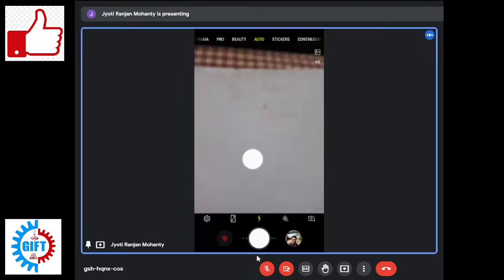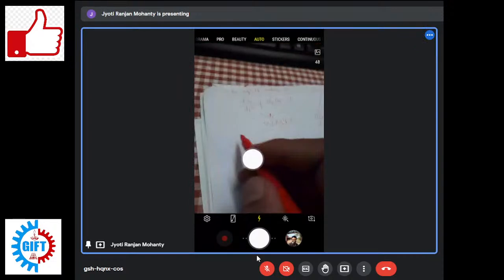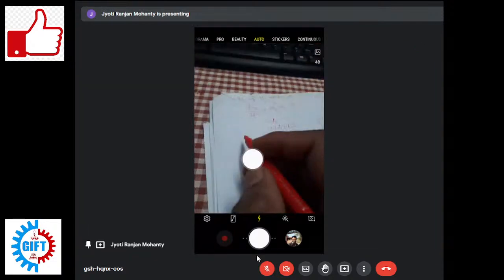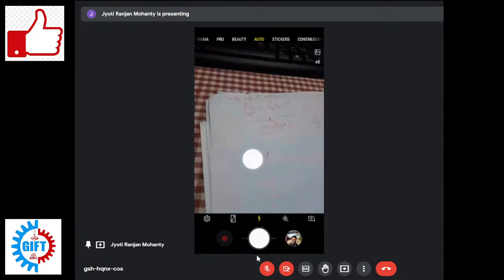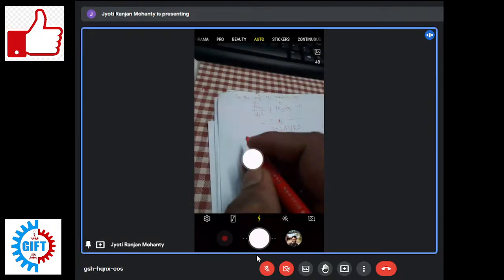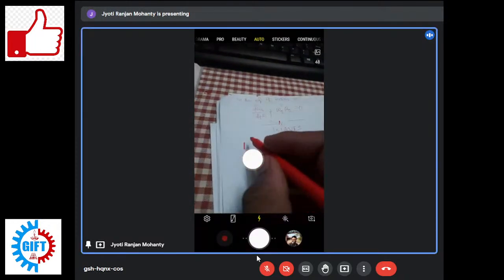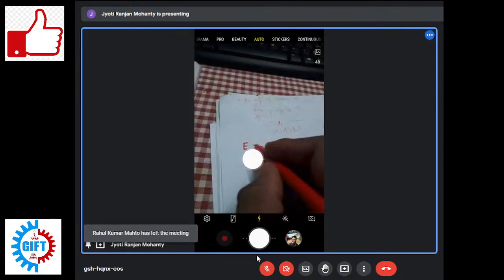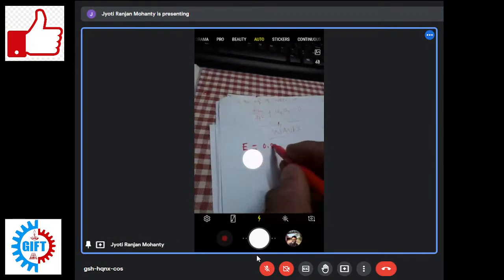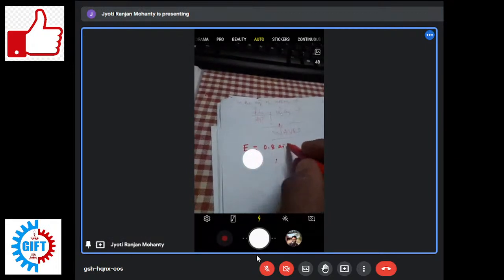Listen, forget the answer. Read the question, Chidanandam. The total energy of a one-dimensional simple harmonic oscillator is 0.8 erg. So total energy is given. Total energy means E is equal to 0.8 erg.